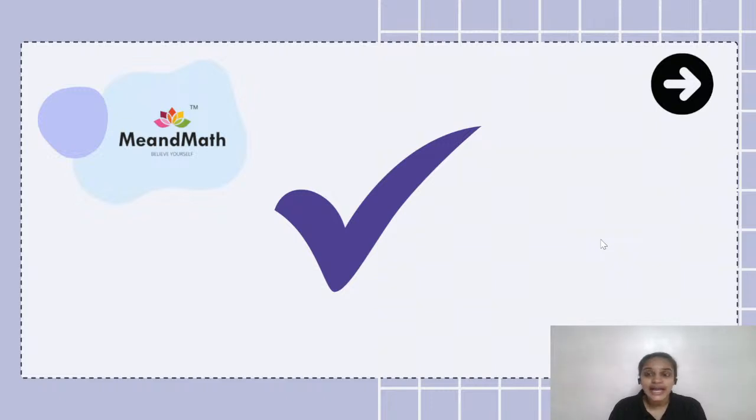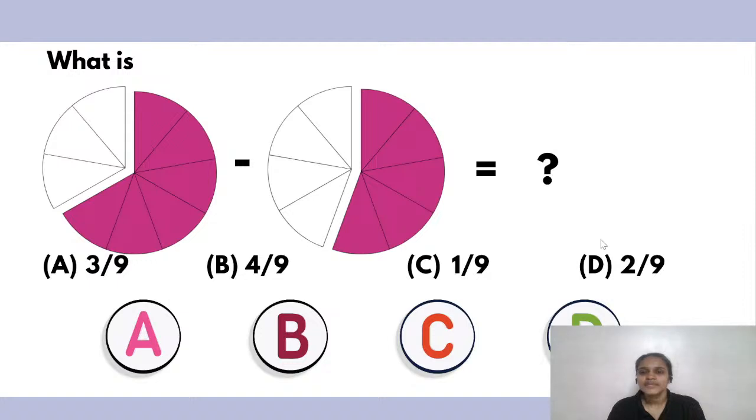So let's proceed. Now, time to move on to the third question. Let's read this also carefully. Once again, I have this picture representation of the fraction, and again, the second picture representation. And be careful of the operation that we have to do.